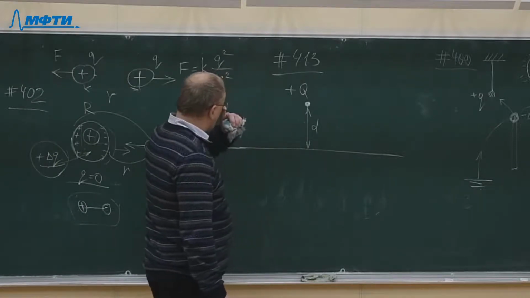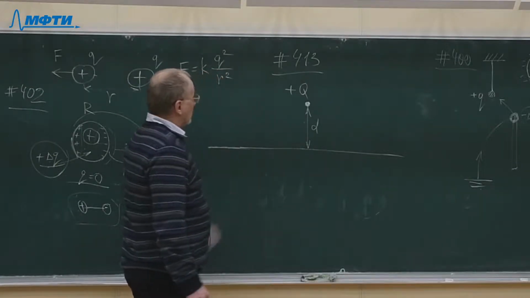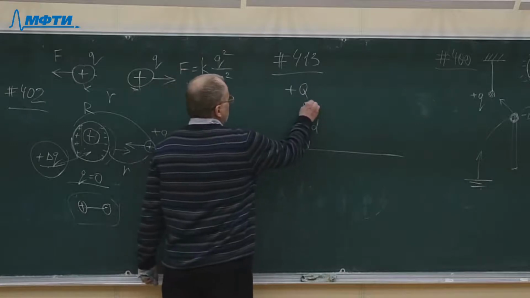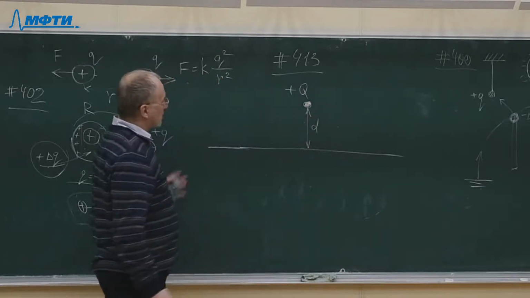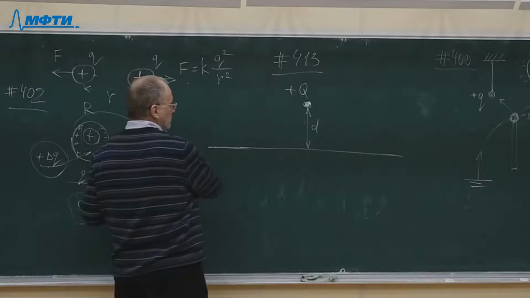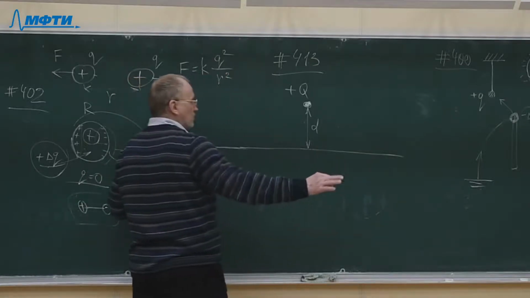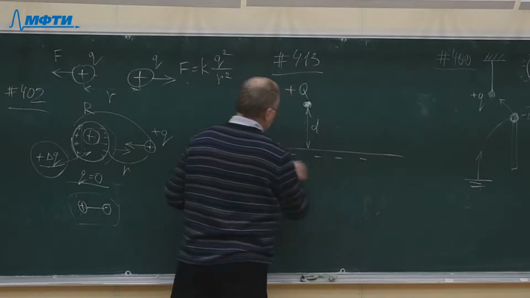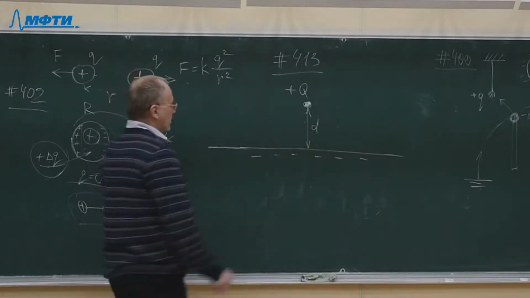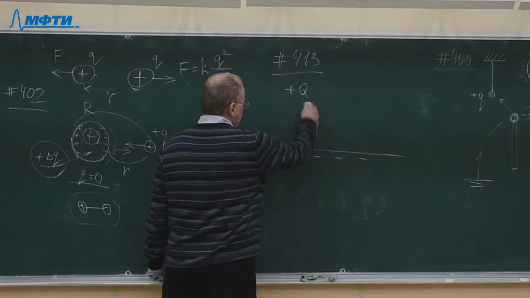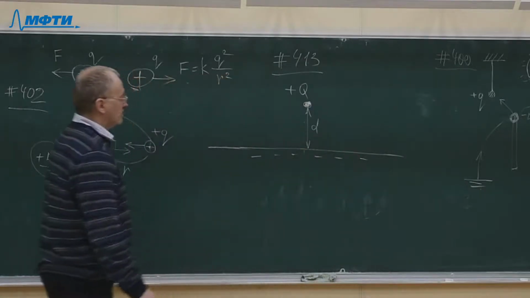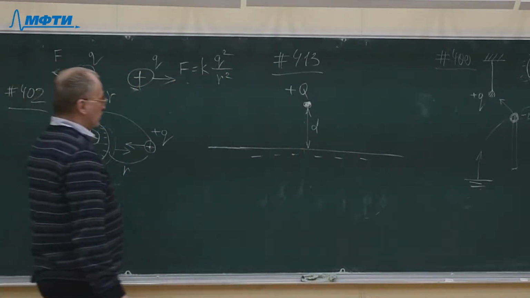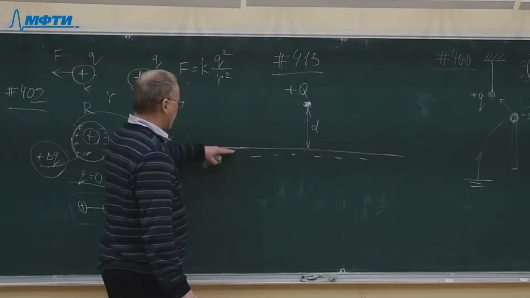So, what happens here? If this is a positive charge, then it will attract negative charges, and negative charges will flow here from the far ends of this plate. So here we will have some distribution of negative charges, and therefore the positive charge will be attracted to this surface, negatively charged. And negative charges will flow here because this is a conductor.